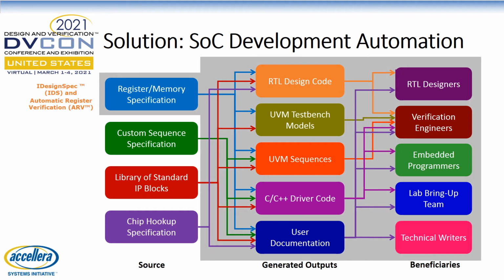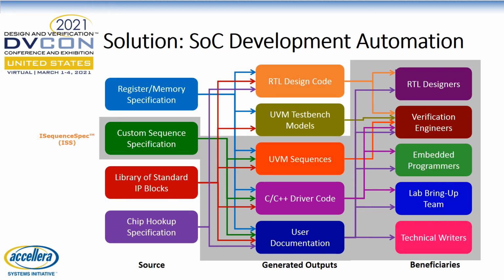How do Agnisys products map onto this flow? Well, for the register and memory specification portion, we have IDesignSpec, IDS, and Automatic Register Verification, ARV. That performs the design and verification portions of this flow for registers and memories. For the custom sequences, that's provided by ISequenceSpec, ISS.